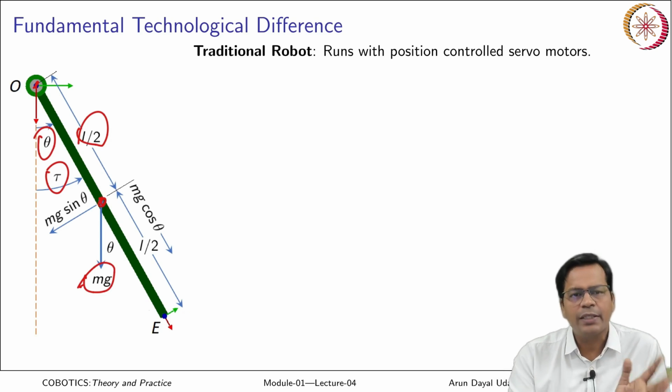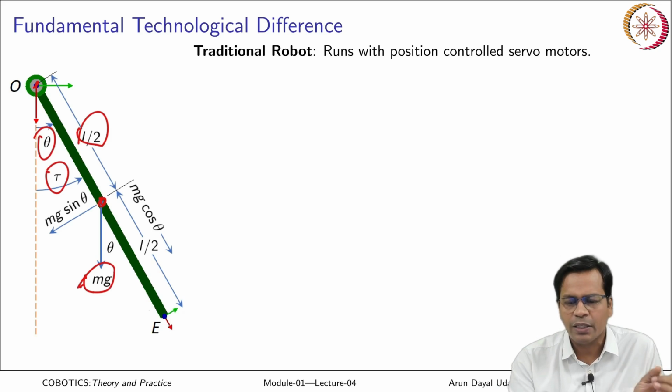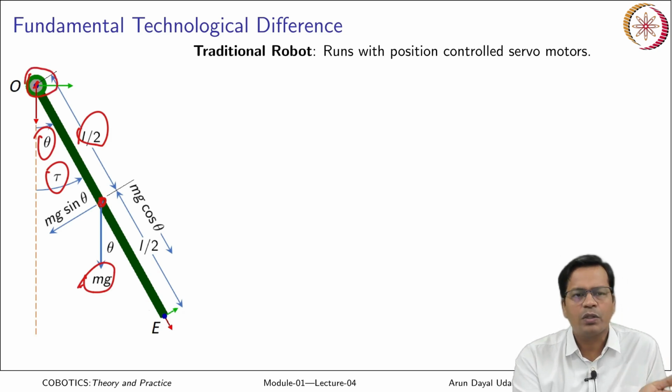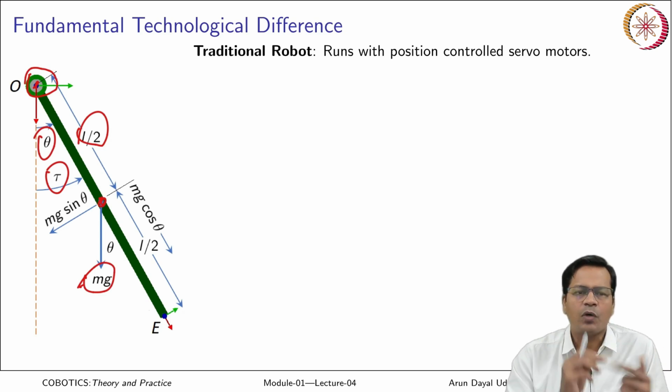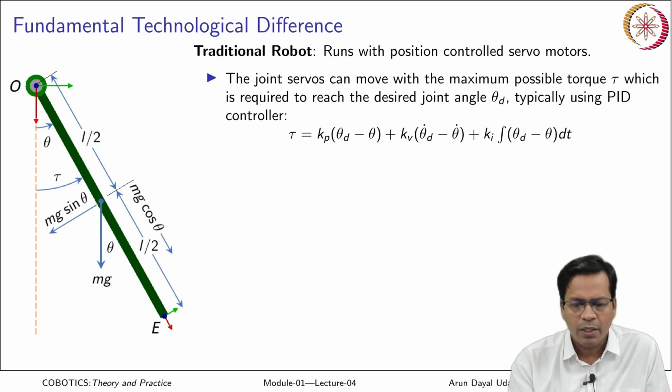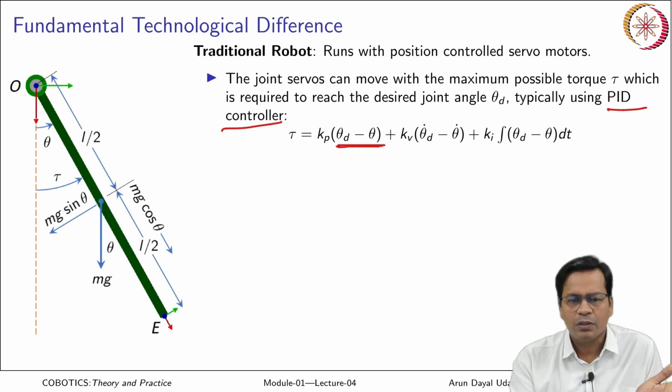Normally, traditional industrial robots run with position controlled servos. That means at the joint they have an encoder, or joint angle sensors, that continuously monitor the joint angle, keep it in a closed loop and create a PID on top of it. So that works with joint angular error. This is the joint angular error multiplied with Kp, that is the position gain.